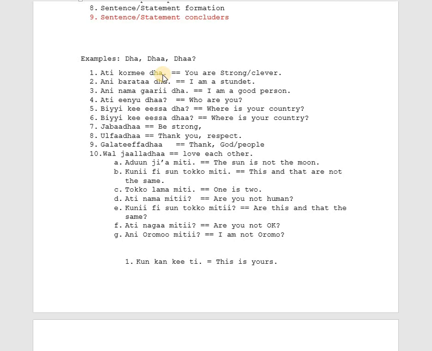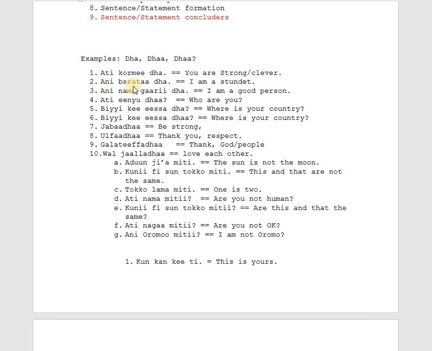Dha is just like "are" or "is". It can't be defined exactly like that, but it bears that meaning of is, are or am. Ati kormeedha, you are clever, you are strong.